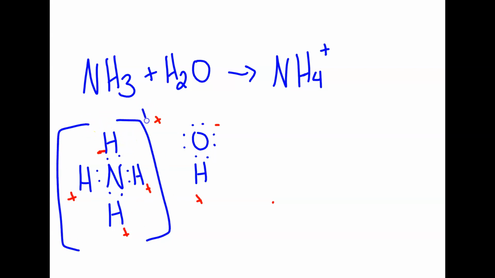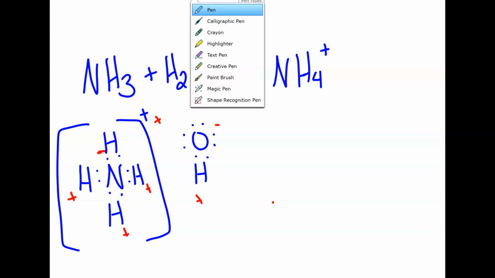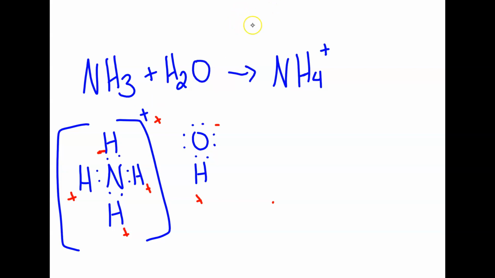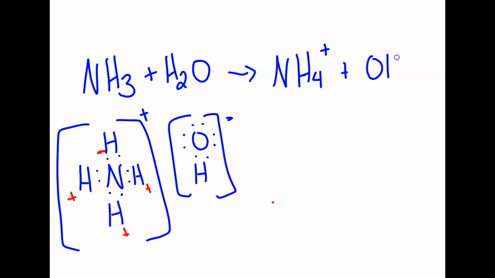And this ion ends up with a positive charge there. But what happens here? That's right, we end up with an ion here as well. This is an ion because it has that extra electron there. So this is also an ion, and you should recognize that that is a hydroxide ion.